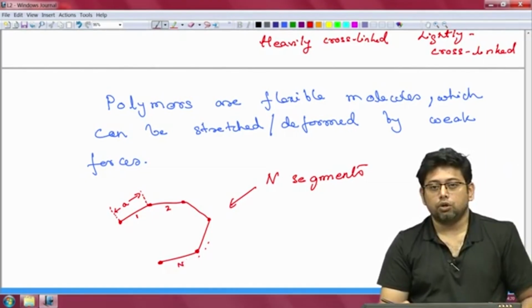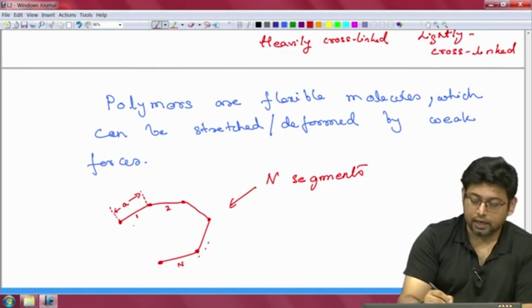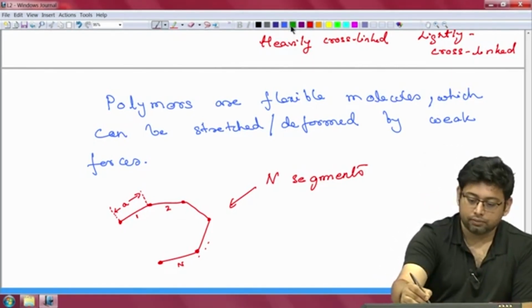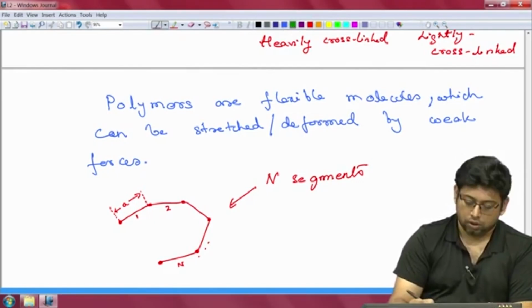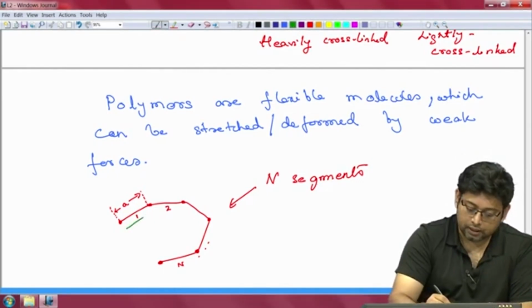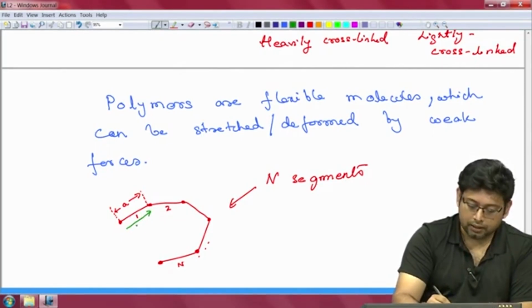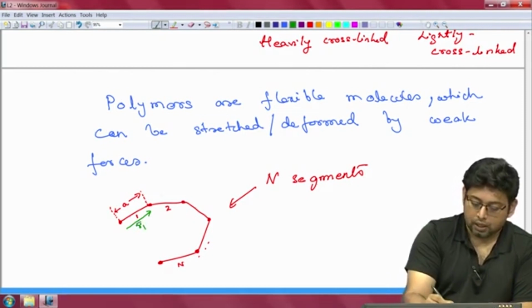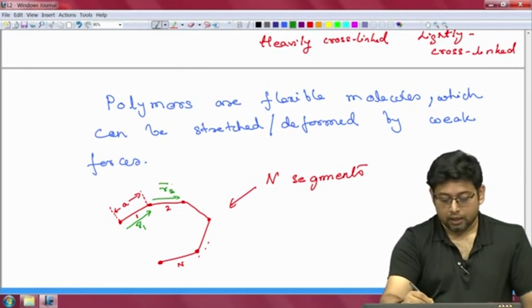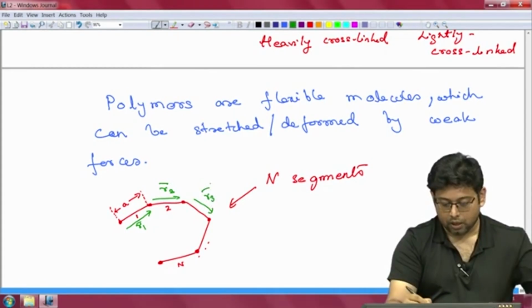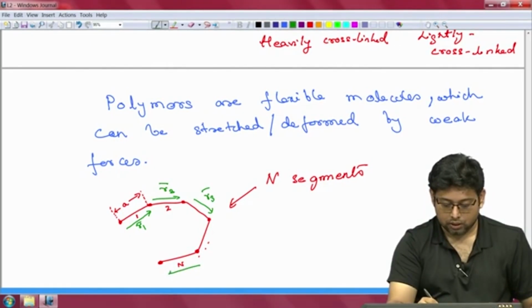And what we want to understand is what is the size of this molecule. So, let us associate a vector with each of these. Let us say the first segment is given by a vector r 1. Similarly, the second one is given by a vector r 2, and the third one is given by r 3, and similarly the last one is r n.